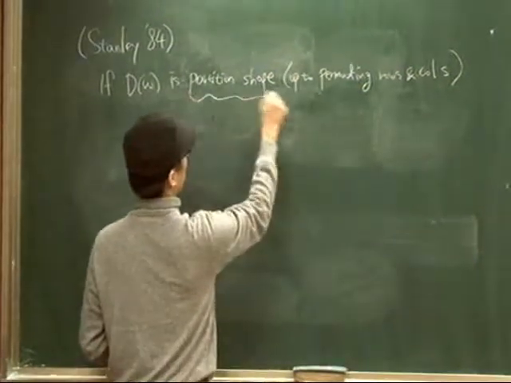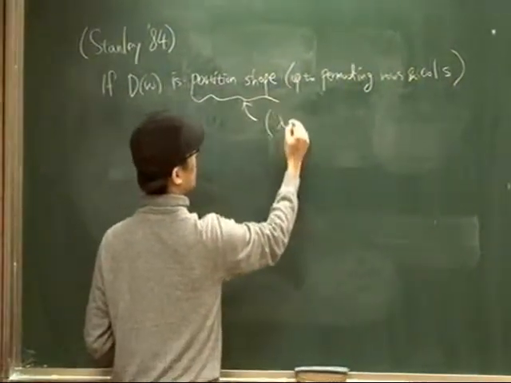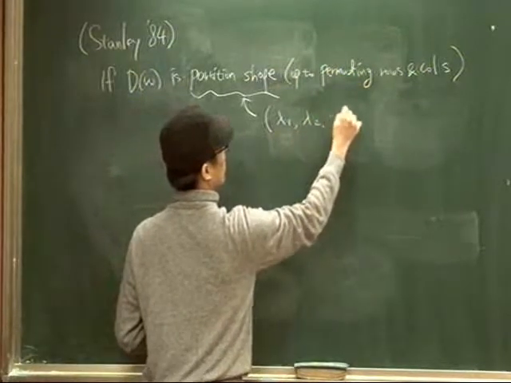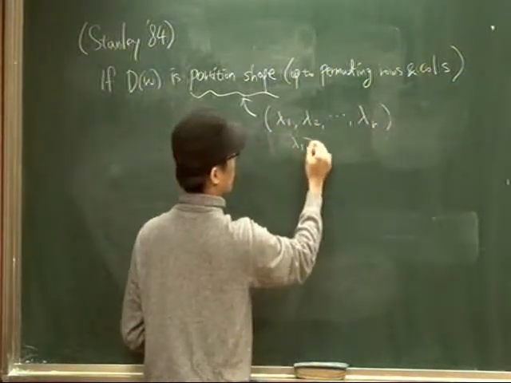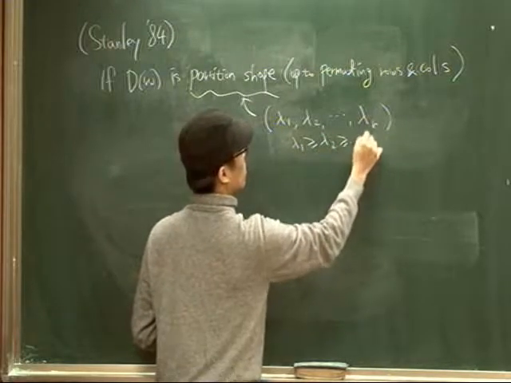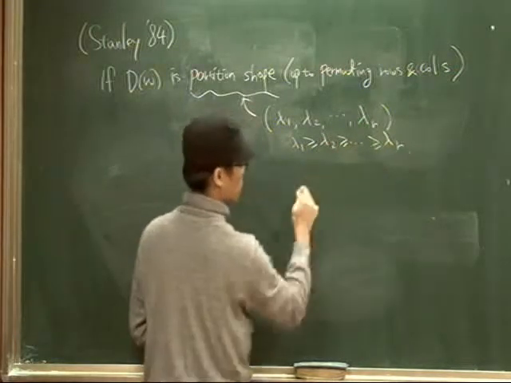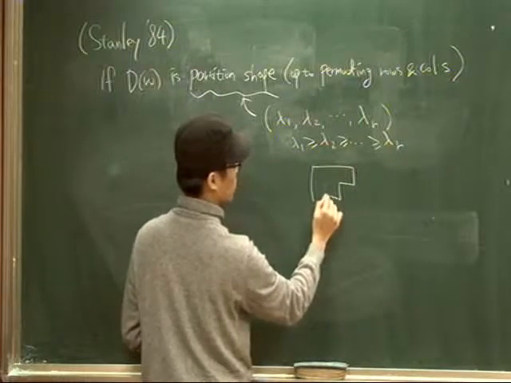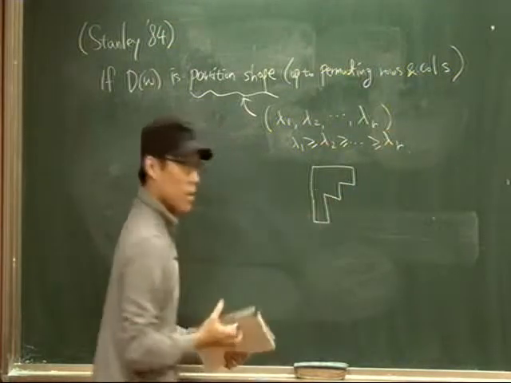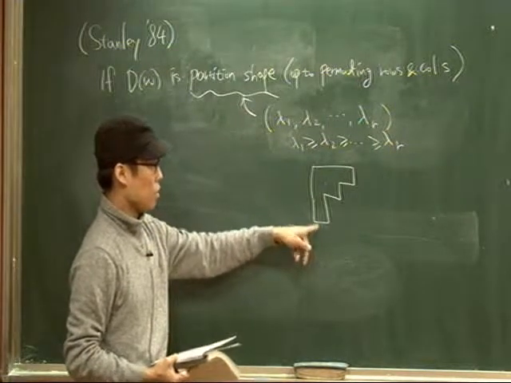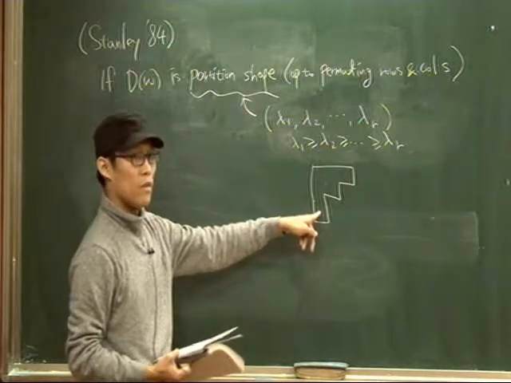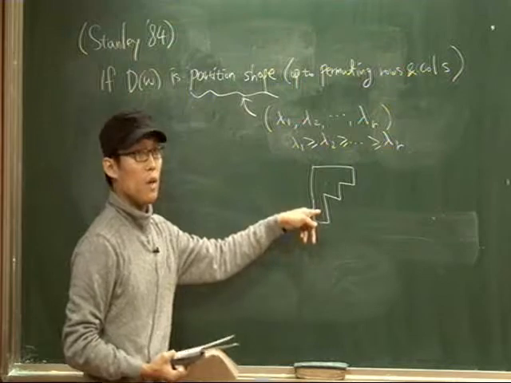Partition shape means lambda 1, lambda 2, ..., lambda r, with lambda 1 greater than or equal to lambda 2 and so on.